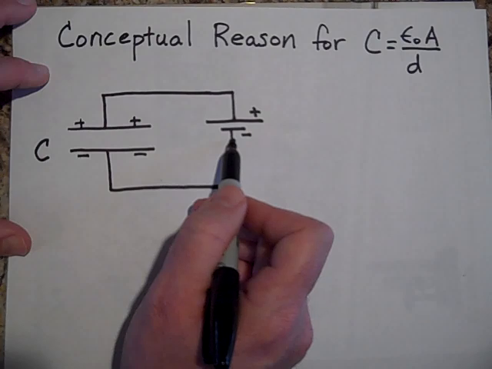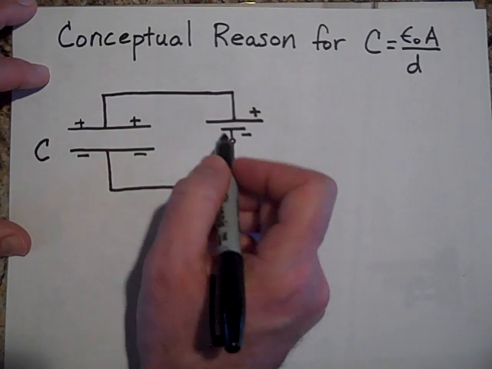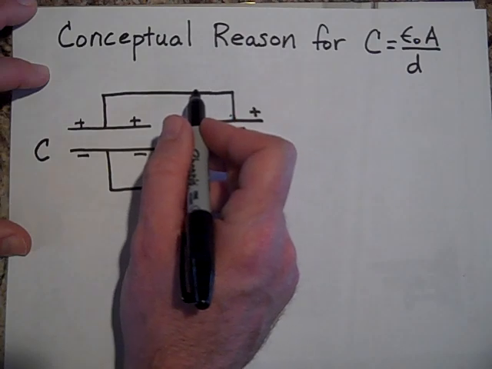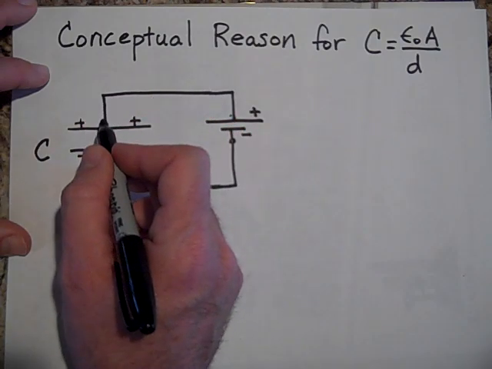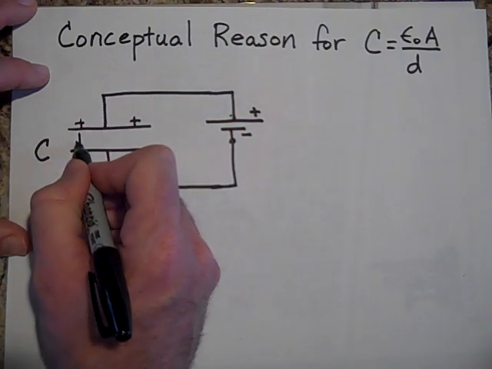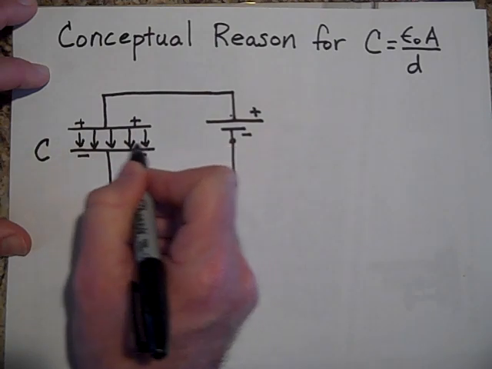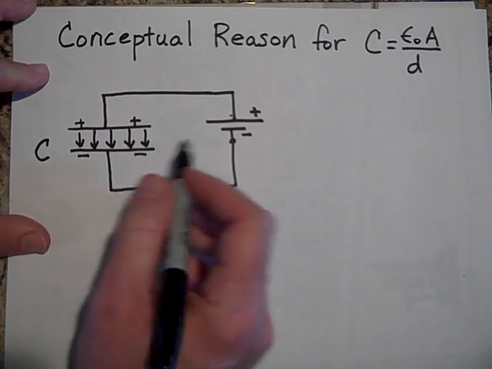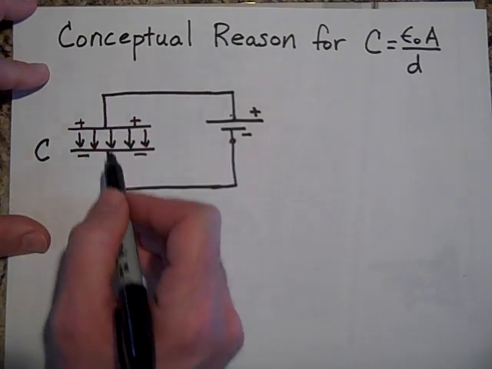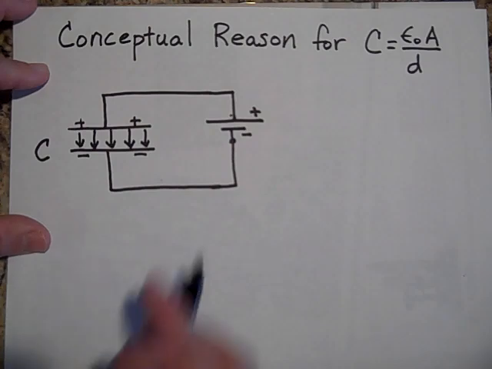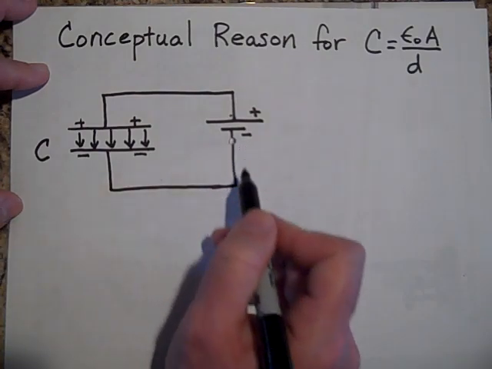So if you go up a certain amount, let's say 2 volts, and then you go around, when you drop this way, you're dropping volts because the electric field is this way, so you're actually going down in voltage. If you go up 2 volts, you go down 2 volts. So you get 0 there.